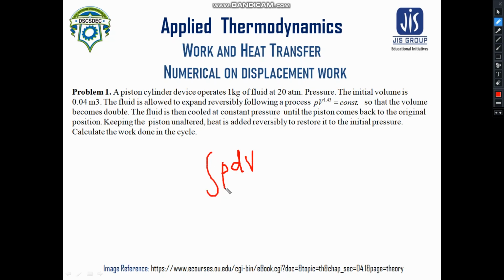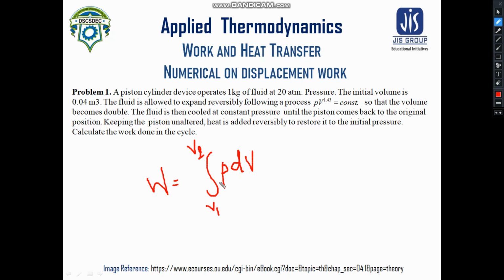To calculate the magnitude of this PdV work, you just need to express P in terms of V, so that you can perform an integration, and therefore you get your required value.